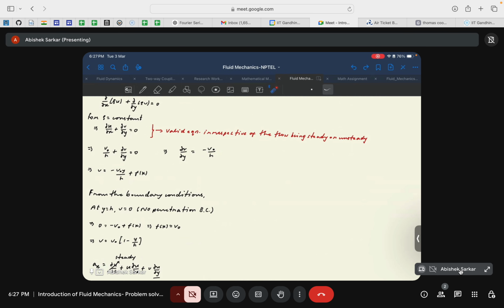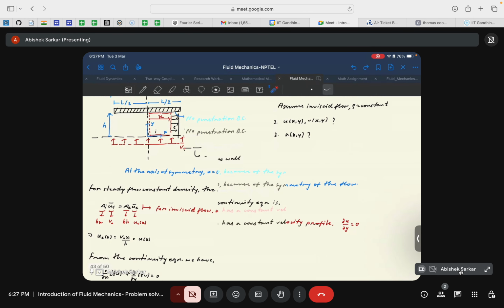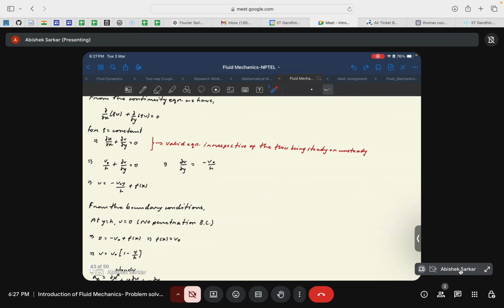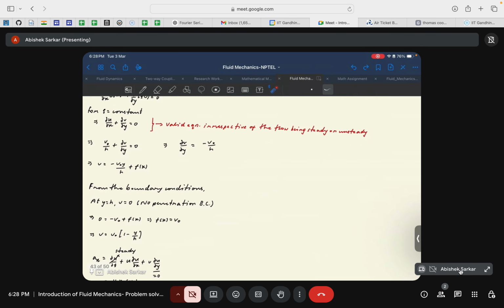It's a partial differential equation, that is dou v by dou y equal to minus v naught by h. So if you integrate it, instead of getting an integration constant like you would in the case of an ordinary differential equation, you will get a function of the other variable. If you integrate with respect to y, you'll get v equal to minus v naught y by h, because v naught and h are constants, plus some function of x.